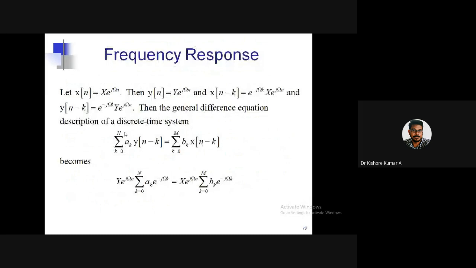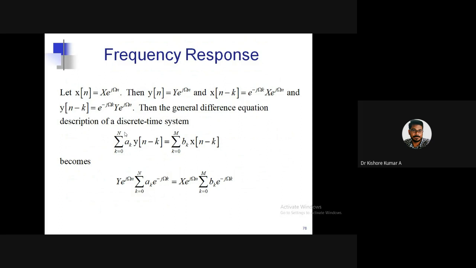And the frequency response of a discrete time system: the input x of n is equal to x e power j omega n, so the output is y of n equal to y e power j omega n. For the delayed signals, x of n minus k and y of n minus k are written accordingly, and the general difference equation for the discrete time system can be written like this.